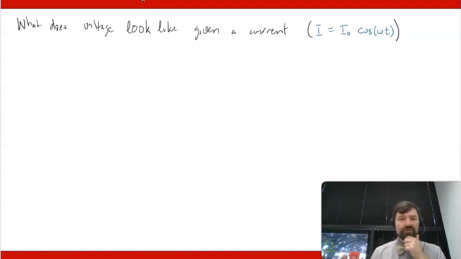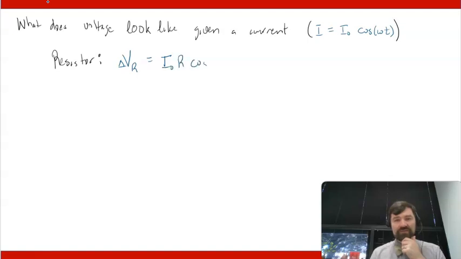And for the resistor, what we ended up getting was that V sub r, or if you prefer delta V sub r, was equal to I naught times r times cosine omega t.